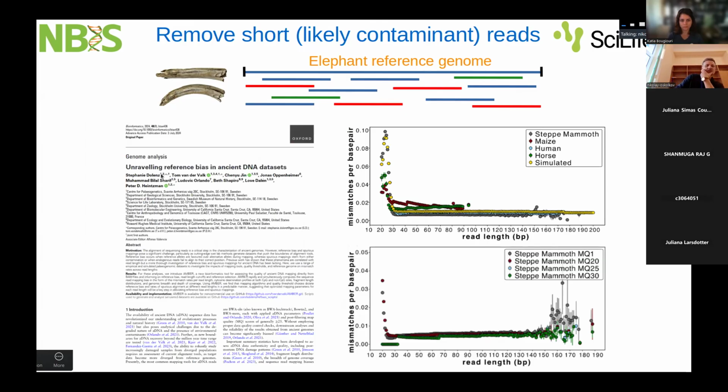I think this paper is famous for another thing. It was dealing with reference bias, which is another issue in genomics and ancient genomics. But one particular method that was, I think, quite elegant was proposed in this paper, and also in a Nature paper from 2021 about the oldest 1 million-year-old DNA from the mammoth, though it was added only to the supplementary.